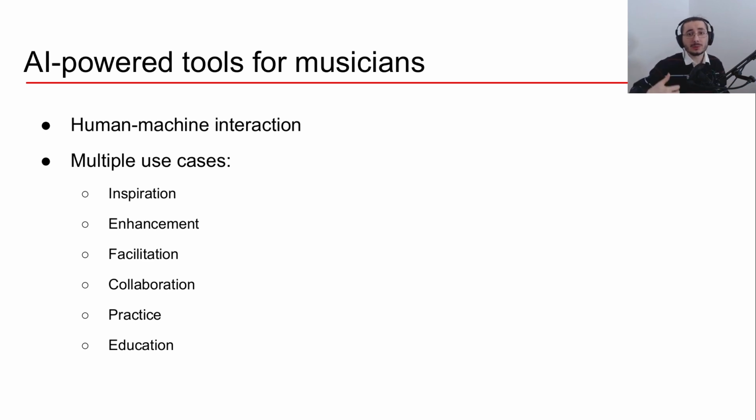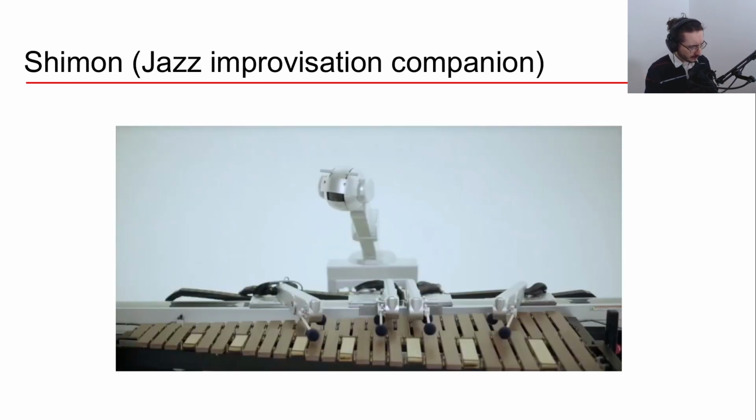This could be also enhancement tools, or this can facilitate the way we create music. This can also be tools for collaboration, or for just practicing music and being educated about music. So let me give you a few examples here as well.